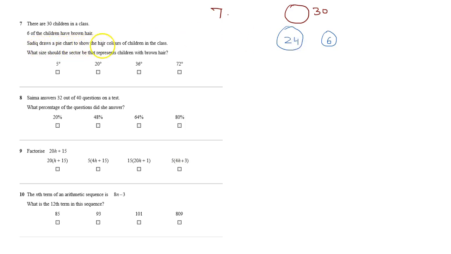Draw a pie chart to show the hair color of the children in the class. What size should the sector be that represents children with brown hair? Now you know the pie chart is a circle, and in that circle the total angle is 360.